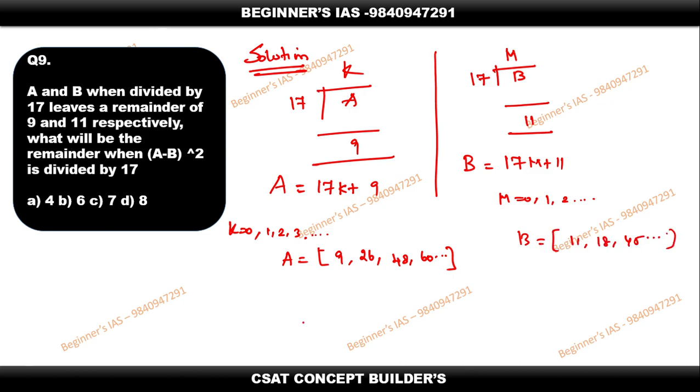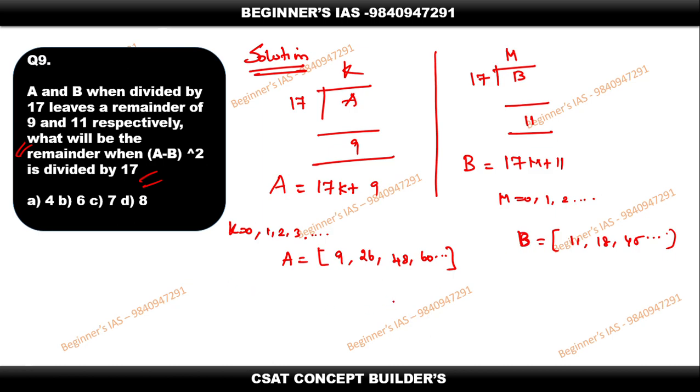So here they gave the square of the number when divided by 17, what is the remainder? That is the question here. What will be the remainder when (a minus b) the whole square is divided by 17? Here I know the values of a, I know the values of b, then a minus b.